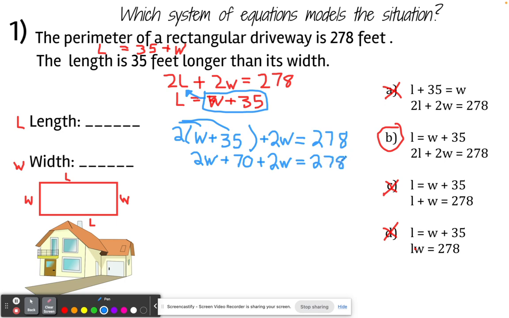Now I'm going to combine my like terms. So you can see I have a 2W plus a 2W. So that will give me 4W plus 70 equals 278. Now I have a simple two-step equation. First step, let's subtract 70 from both sides.